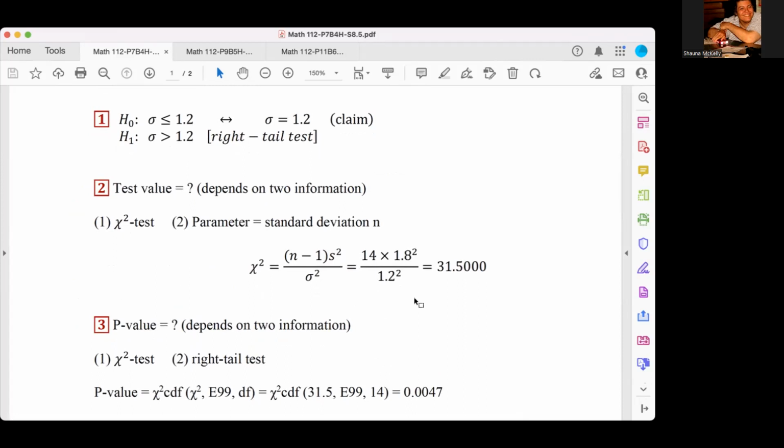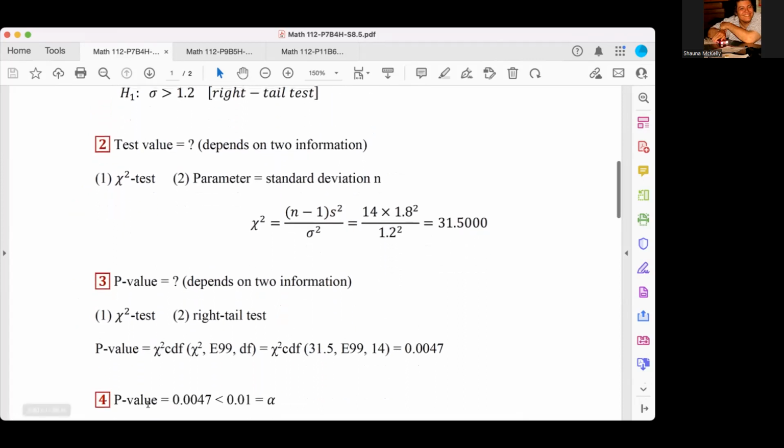The p-value is 0.0047, alpha is 0.01. I see that my alpha is larger, so I will put the opening of my inequality toward alpha.